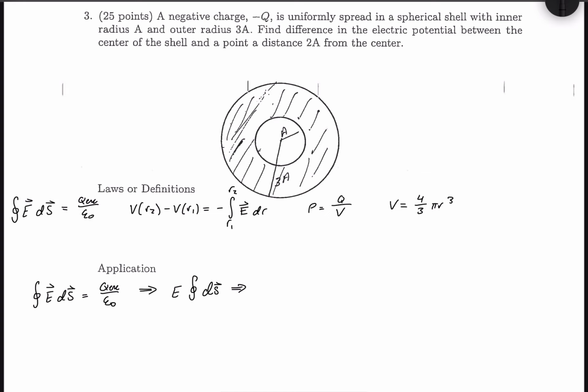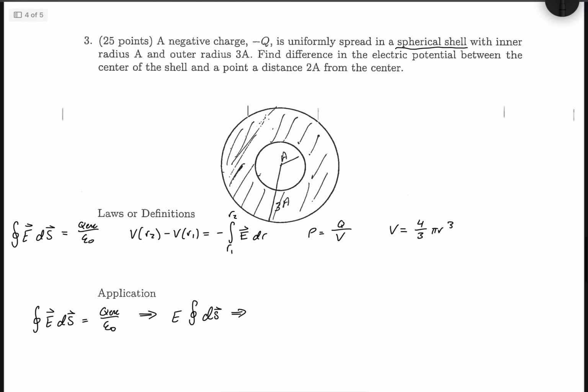so now we got to think about what do we want our Gaussian surface to be, right? So we know that this is a spherical shell, right? So what we probably want is more spherical shells to encapsulate this electric field, or the charge. And so we would evaluate this integral here as the surface area of a sphere.